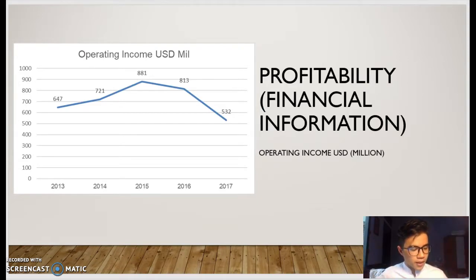Overall, operating income from the company increased from 2013 to peak in 2015, then significantly dropped in the year 2017. The same situation happened to the return on assets ratio. There was no record from 2013 to 2015 for return on equity ratio.